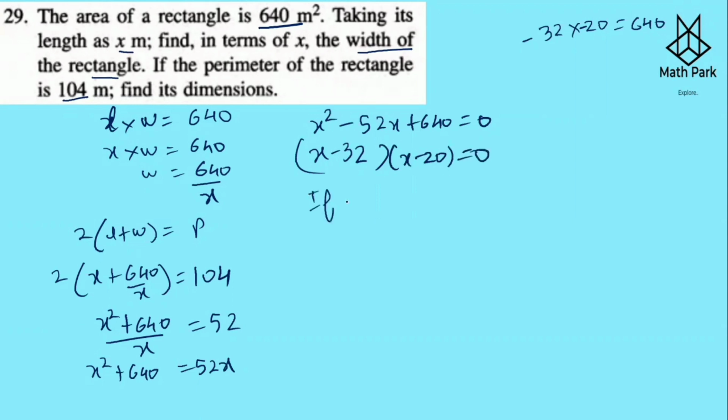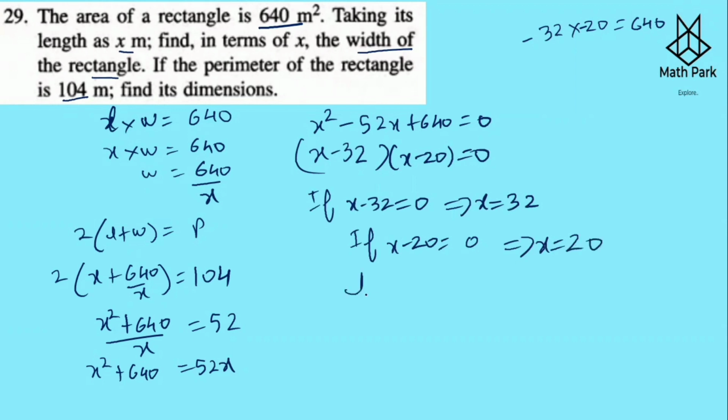So if x minus 32 is equal to 0, you get x is equal to 32. And if x minus 20 is equal to 0, you get x is equal to 20. So the length we can take as x, length is equal to 32. Then you get the width of this rectangle as 20. So this is how the dimensions we calculated.